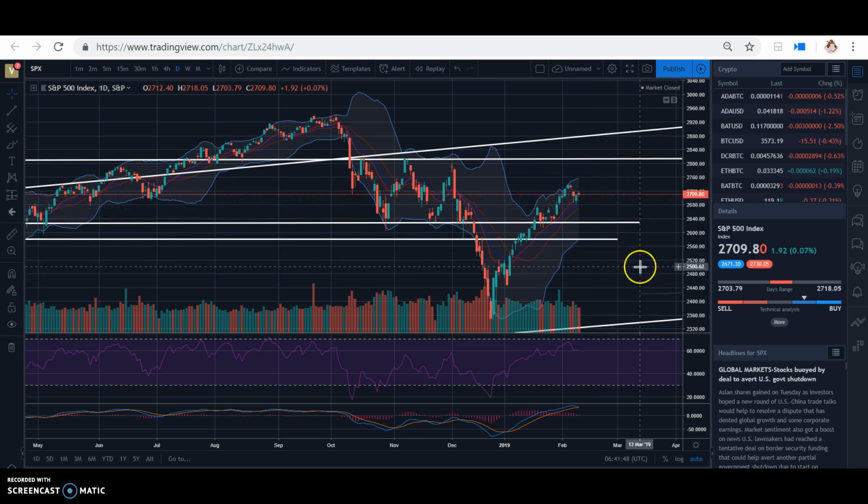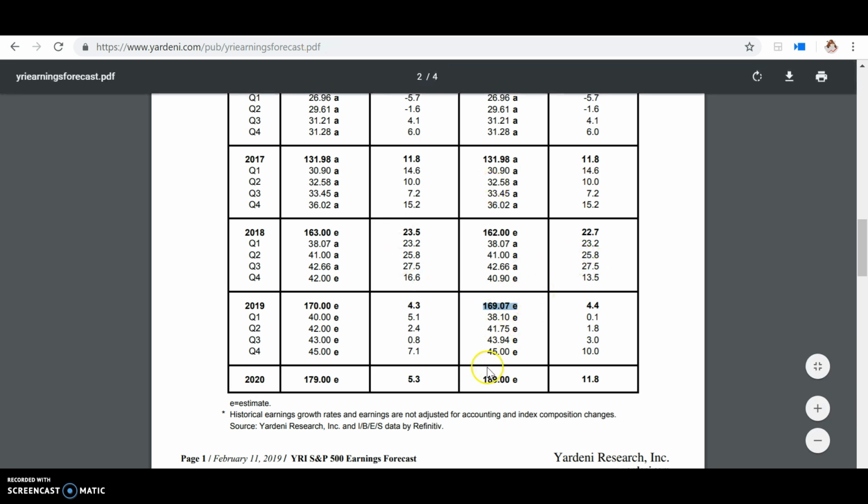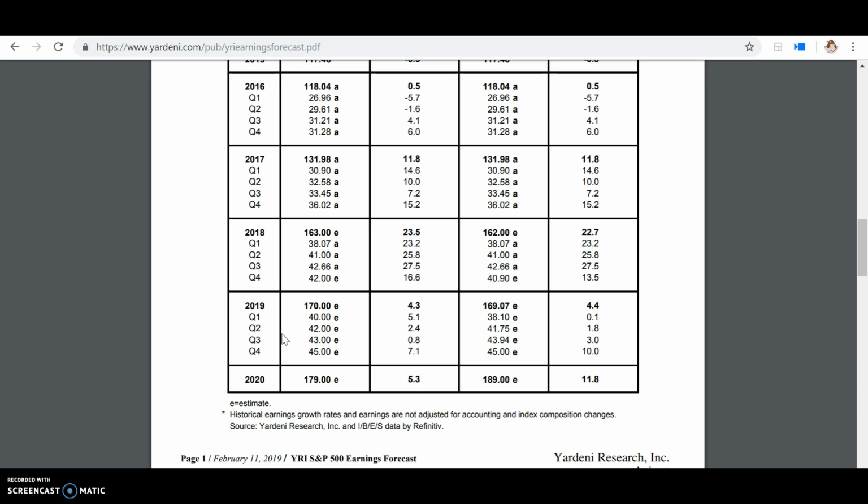If things get really bearish, guys, and I'll continue to make videos, it can undershoot that by a lot. And we have to really see how these earnings numbers shape up after that happens, because as you can see here, most of the growth is projected in Q4 of 2019. So most analysts are saying that October to December of 2019 is where most of the growth is going to happen.